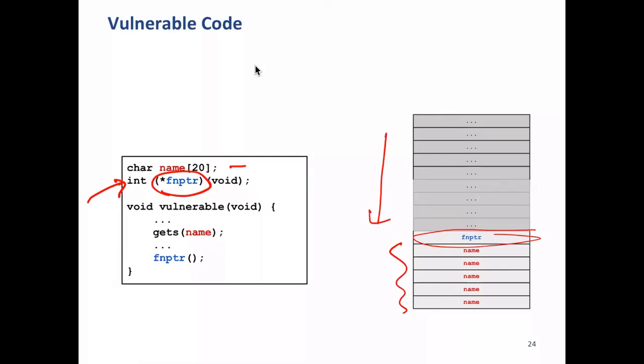Now when the function pointer command comes, control goes to where this function points to. The function may be somewhere here, so it will start pointing to the starting instruction, and then that can get executed. But this has to be written appropriately, because all these things are again not seen by the hacker, because they are machine instructions.